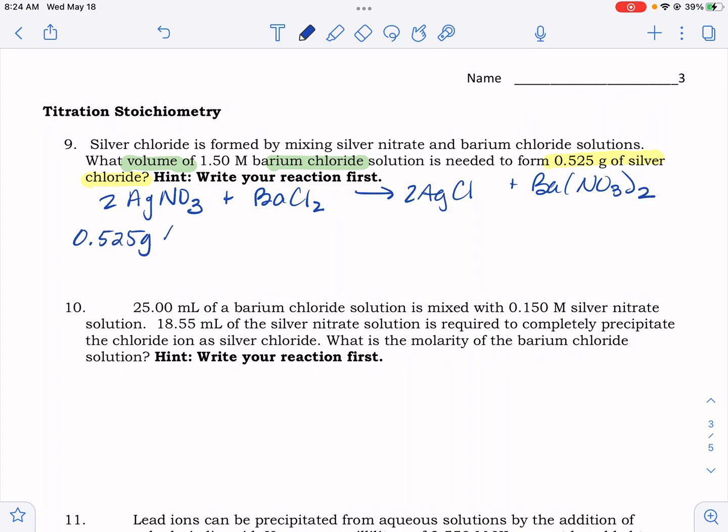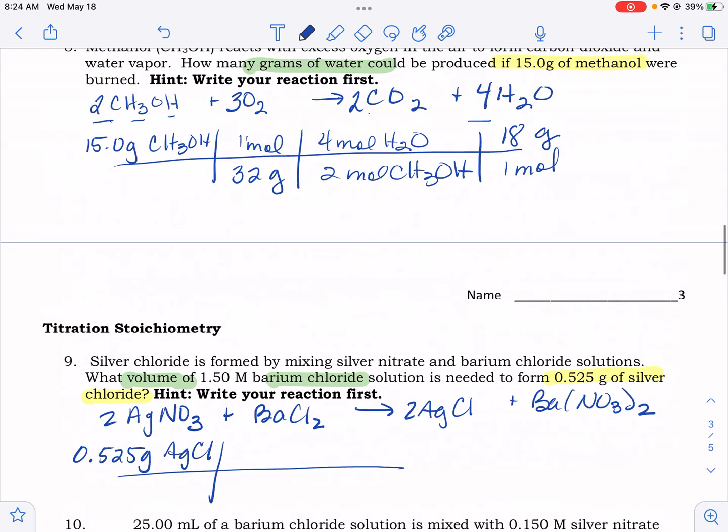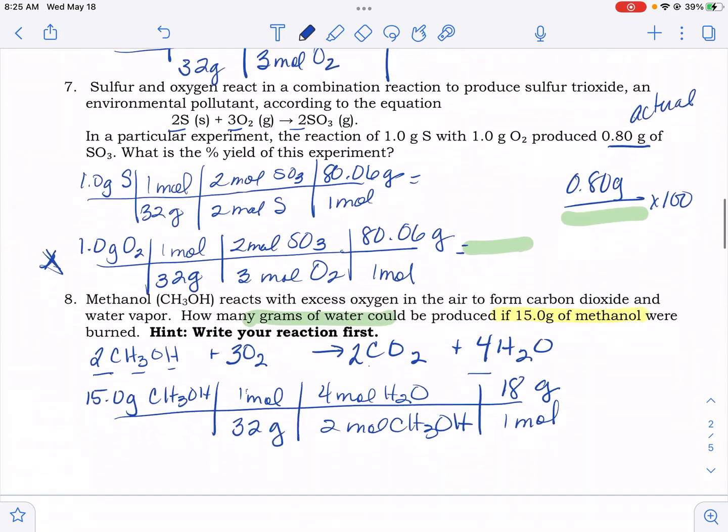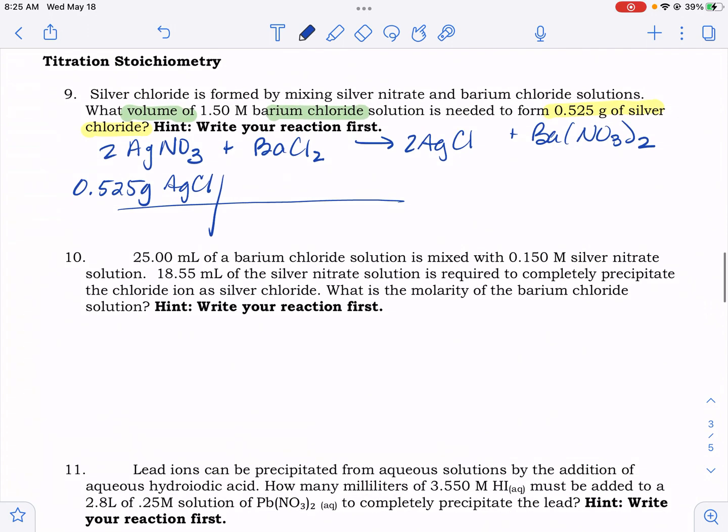We know 0.525 grams of silver chloride. The molar mass of silver chloride I've already worked once. It's 143.32 grams in 1 mole.